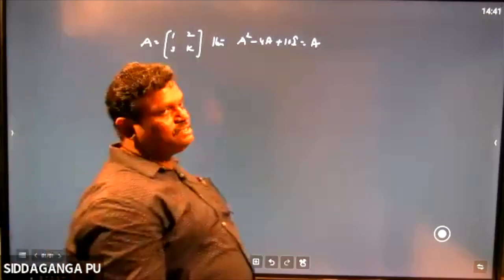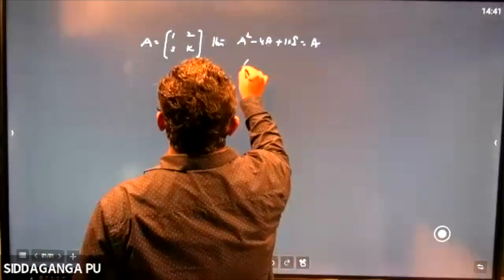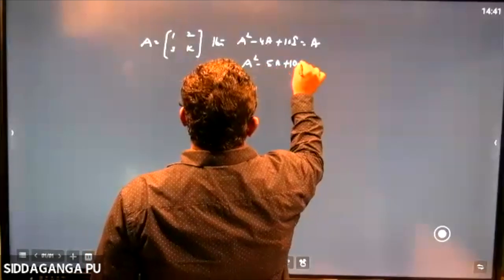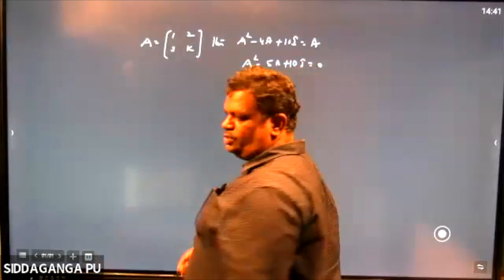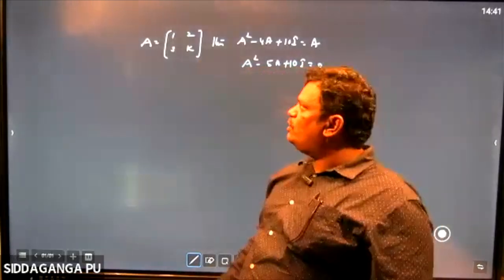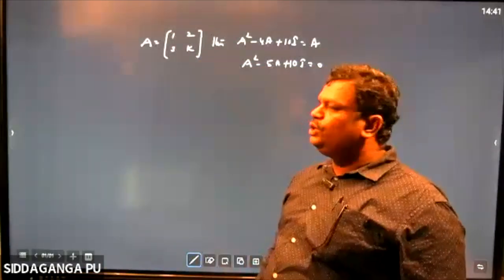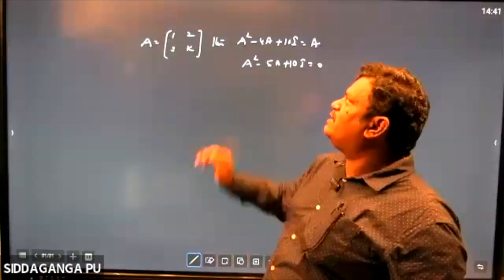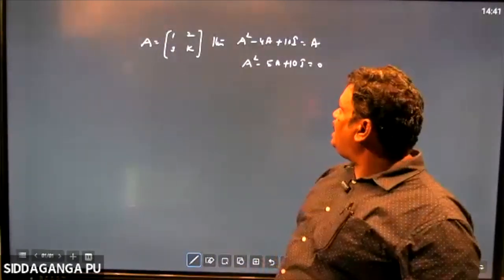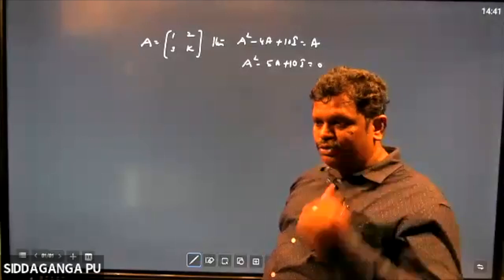How to solve this one? This equation, if you want to solve, means A square minus 5A plus 10I equal to 0. Here the A matrix is given, 1, 2, 3, k, then we calculate A square minus 5A plus 10I value. Now we can find out the k value.